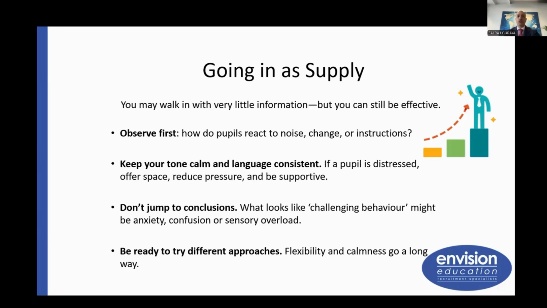Essentially, when you go in, you want to observe first: how do pupils react to noise, change, or instructions? Observation is really important. I think that will give you a really good indication of the needs of the child. Keeping your tone calm and your language consistent. So if a pupil is distressed, offer them space, reduce pressure, and be supportive.